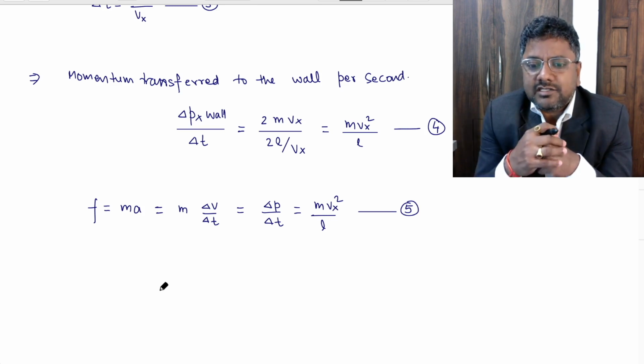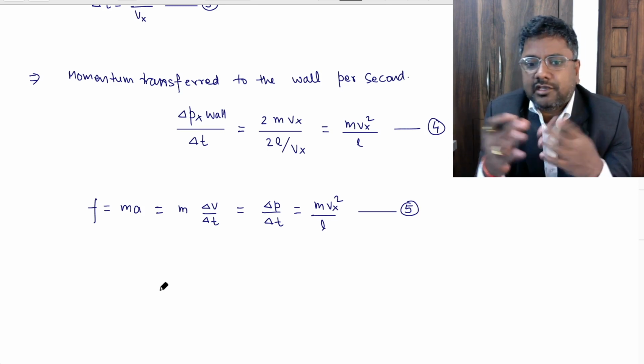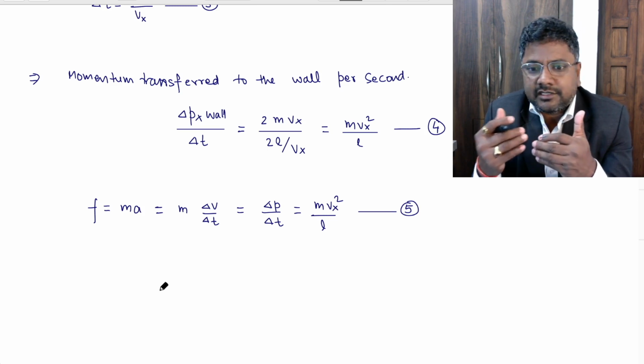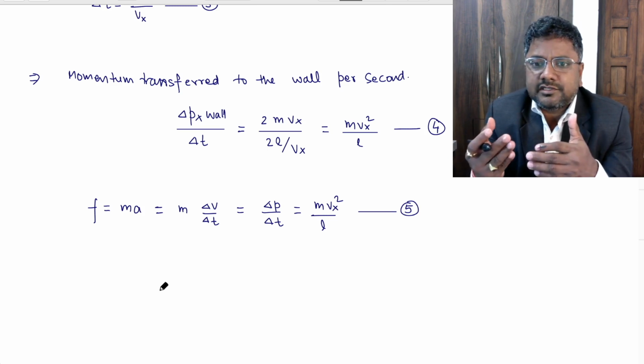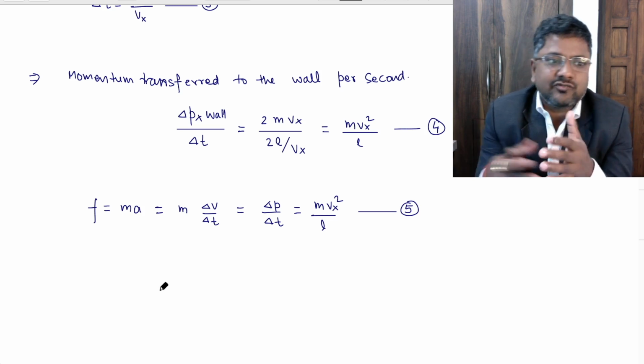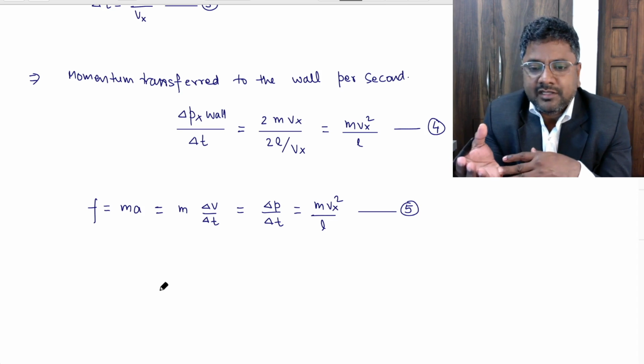See, we have a large number of molecules, N number of molecules here, and all molecules' velocity x components, let it be x1, x2, x3, right?